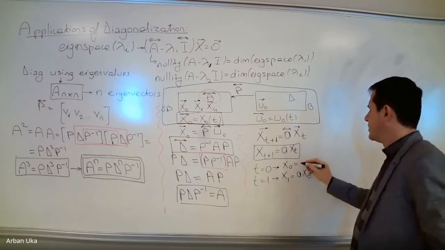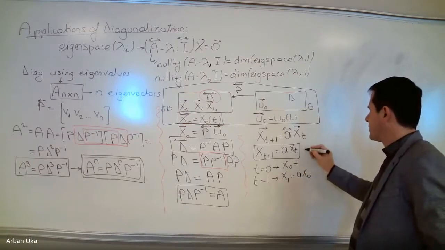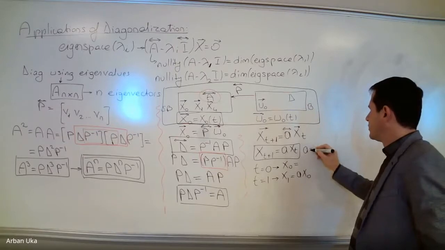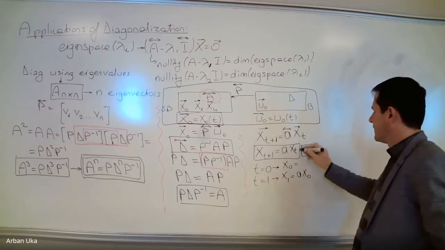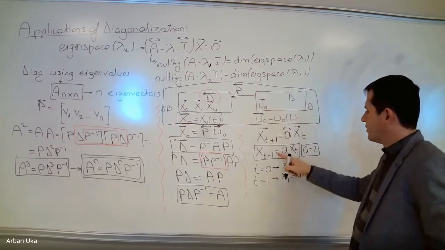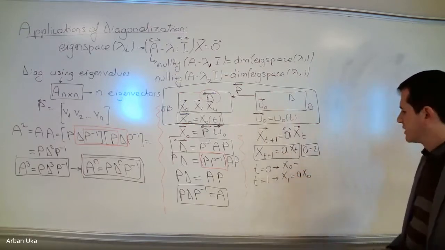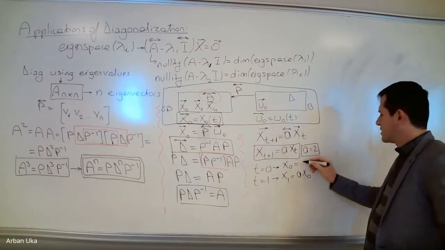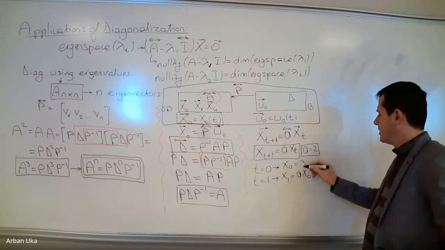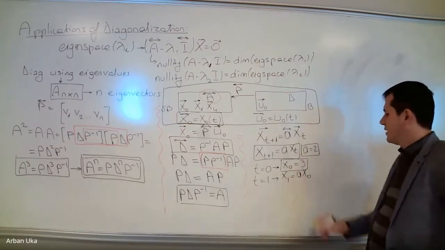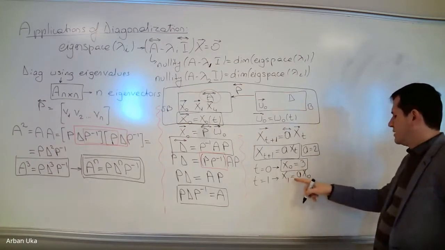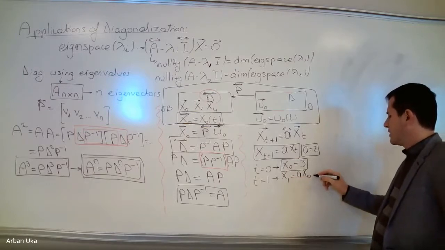Let's assume for a moment A is equal to 2, and we are discussing the case where x is not a vector, and let x0 be equal to 3. So x1 is equal to A times x0.